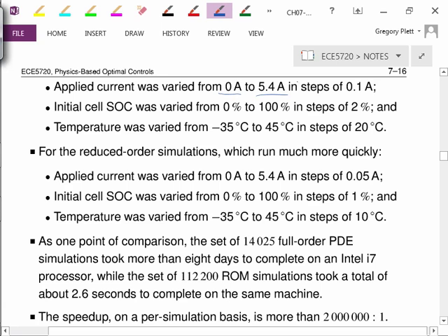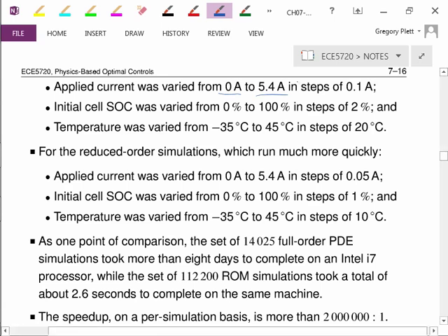So I guess you could say it's minus 5.4 if you want to be really careful. In steps of 0.1 amps. And the initial cell state of charge varied between 0% and 100% in steps of 2%. And temperature was varied between minus 35 Celsius and 45 in steps of 20 degrees.